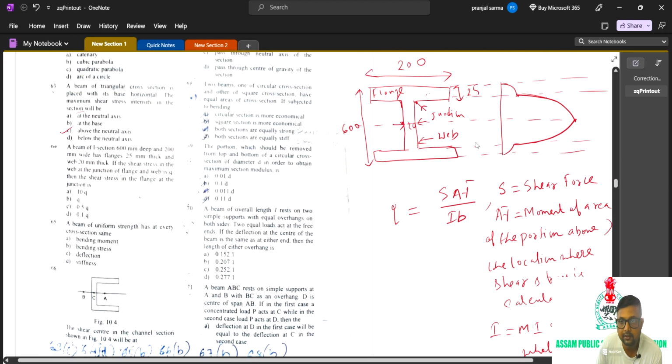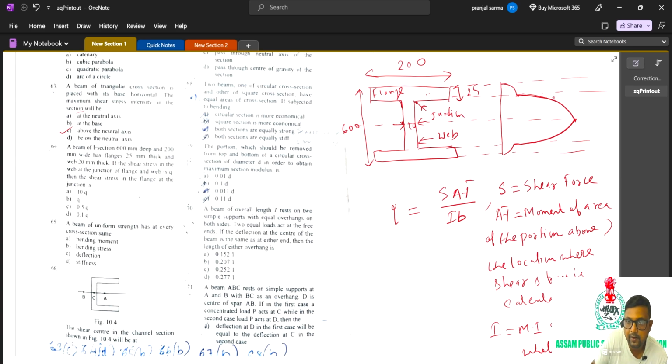So here you have to find the shear stress. In the question, the shear stress in the web at a junction is Q. That means Q at this location in the web. Obviously, from the diagram you can see that the shear stress in the flange at the junction is less than Q. Obviously, this value is less than Q. So the answer will be either 0.5 Q or 0.1 Q. Which one is the correct answer?